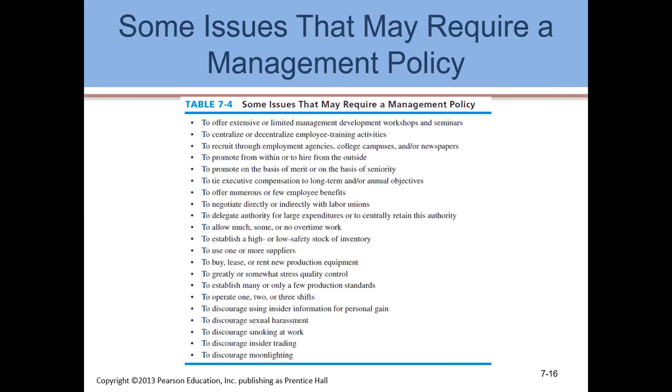To allow much, some or no overtime work, to establish high or low safety stock of inventory, for which we have to go for implementing the EOQ models, economic order quantity concerns, to use one or more suppliers, to buy, lease or rent new production equipment, to greatly or somewhat stress quality control, to establish many or only a few production standards, to operate 1, 2 or 3 shifts, to discourage using insider information for personal gain, to discourage sexual harassment, to discourage smoking at work, to discourage insider trading, to discourage moonlighting.